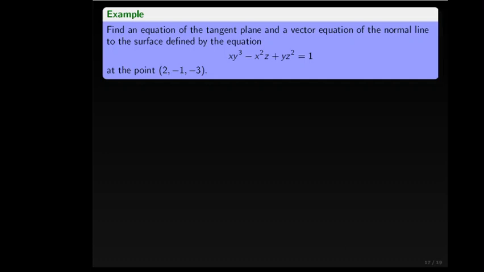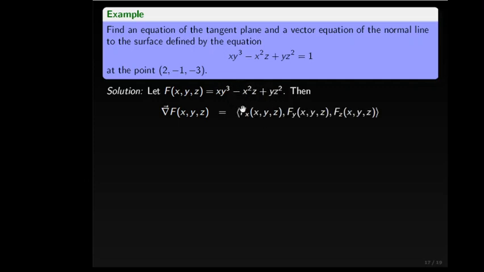Let's apply the theorem on this example. Let's say the surface is given by xy^3 - x^2 z + yz^2 = 1, and the point (2, -1, -3) is on the surface. Then we let f equal to this expression.